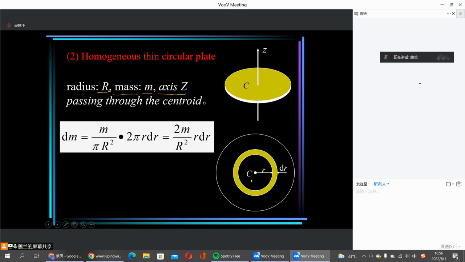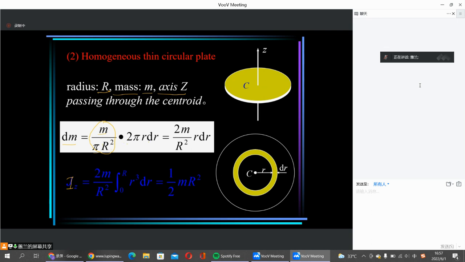So this time we just need to take the element, just here. We take the element area, the element mass here. This is the element. Now, to calculate the density, the density is equal to the total mass divided by its area.